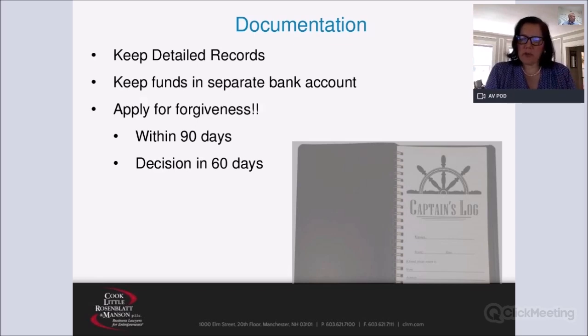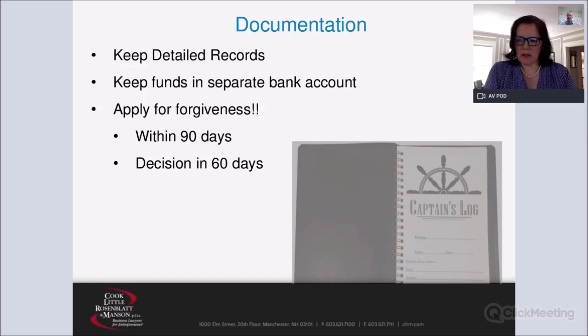And for both partners and sole proprietorship, healthcare expenses for employees are allowed, but not for the owners. So that's another distinction between the owners of the business versus the employees.